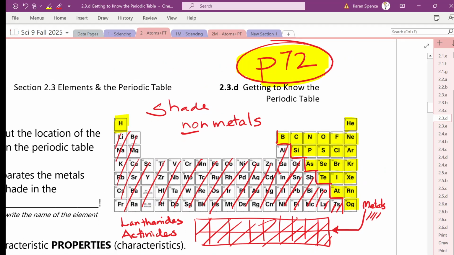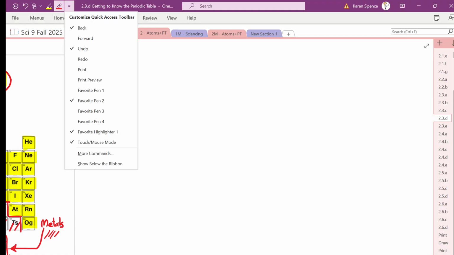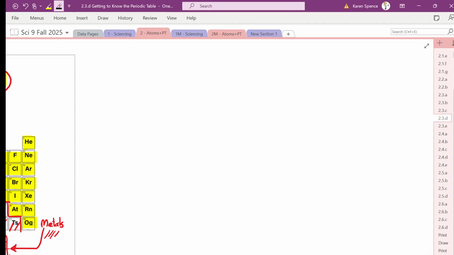Now, you guys have done some observing of some elements in the last few days, and I would like you to tell your partner some properties. And actually, before I get you to describe the properties, I would like you to tell your partner what the word property means. What is a property? The characteristic. Yeah. A property is a characteristic.